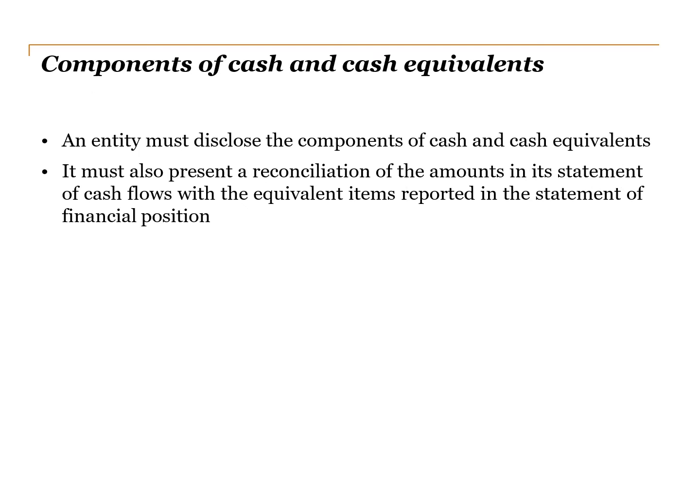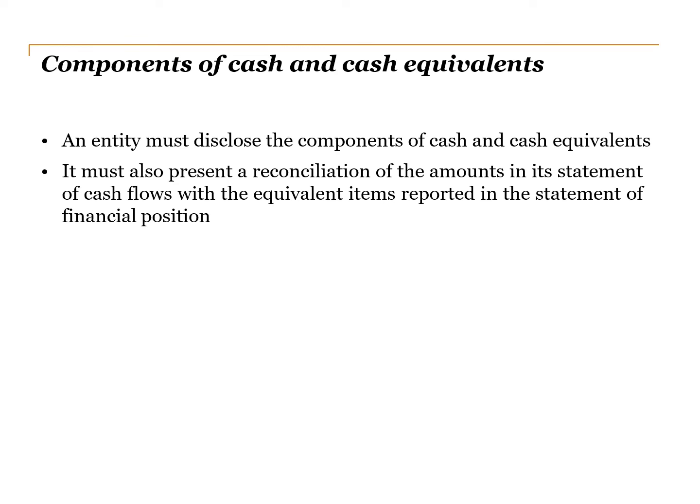An entity must disclose the component of cash and cash equivalents. It must also present a reconciliation of the amount in its statement of cash flow with the equivalent item reported in the statement of financial position. As you can see below, you will find the components of cash and cash equivalents, which should be disclosed in the notes.